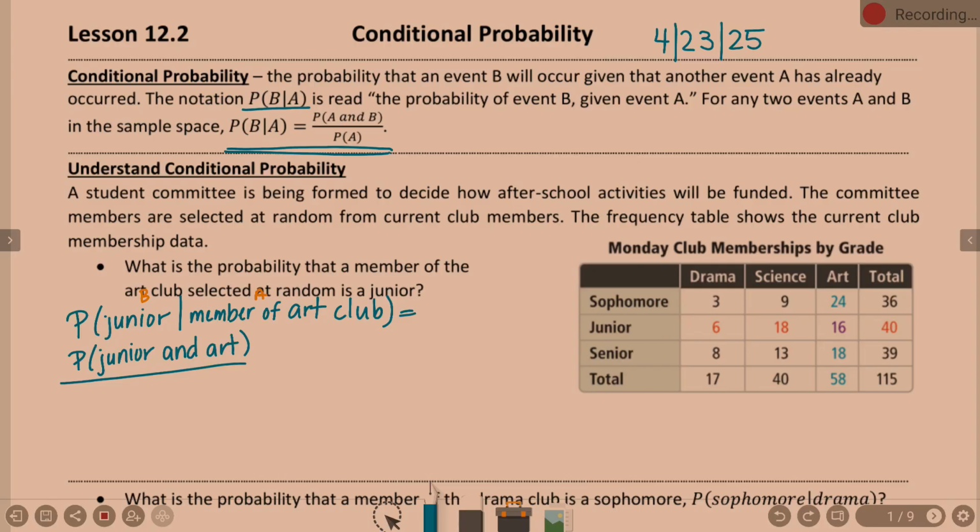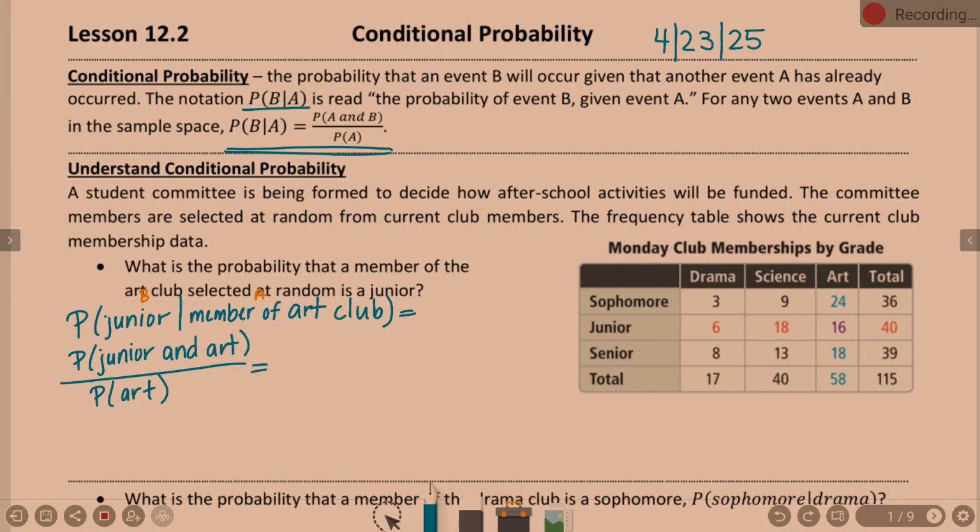So on bottom, we're going to do the probability that they are in art club. This is where I'm taking you the long way here. In a moment, I'll show you the short way, too, of course.